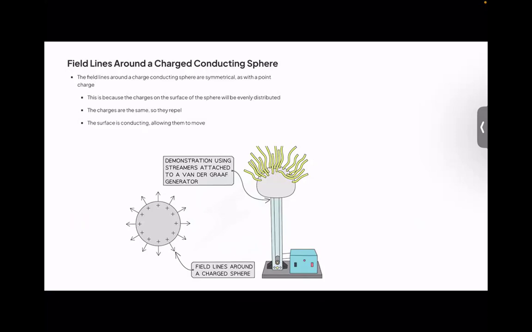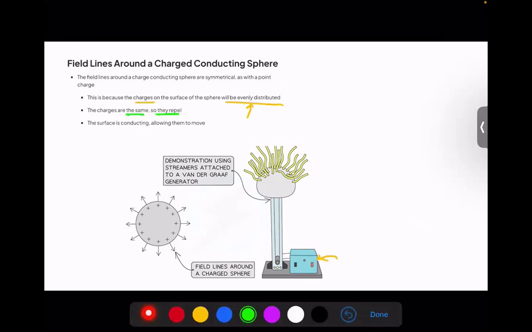The next three given here explain why the charges on a sphere are symmetrical and evenly distributed: the charges are the same, so they will repel, and the surface is conducting, so it allows the charges to move around the sphere.